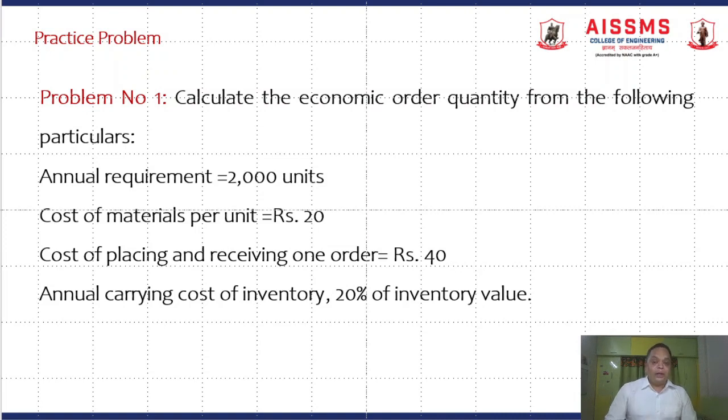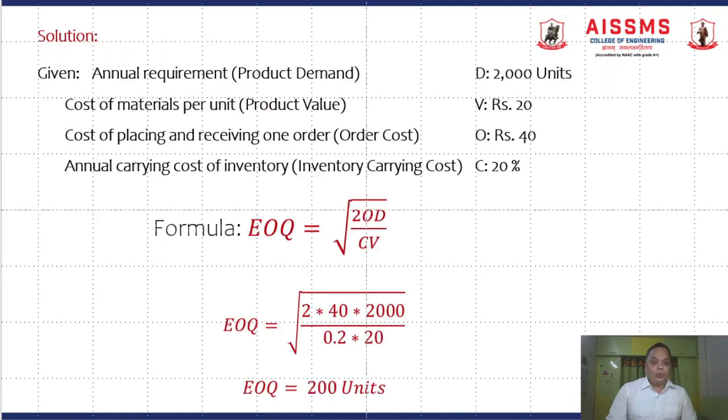If we put it in the data, they have given the annual requirement, the demand D, as 2000 units. The cost of material per unit, the product value V, is 20 rupees, the order cost O is 40 rupees, and the annual carrying cost of inventory, which is the inventory carrying cost C, is 20%.